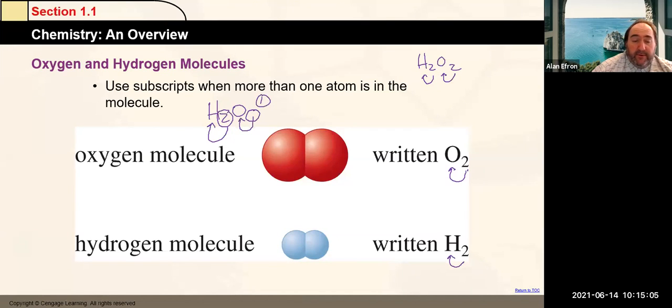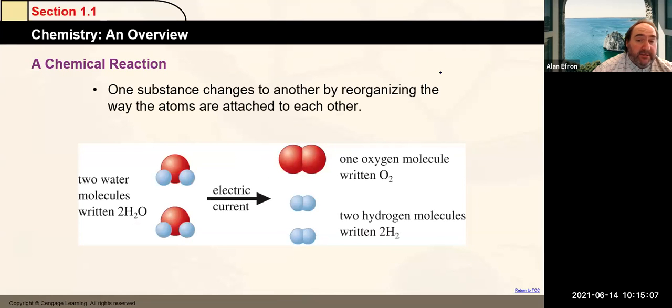Now, other important things obviously are chemical reactions. Chemical reactions involve a chemical change. What is a chemical change?